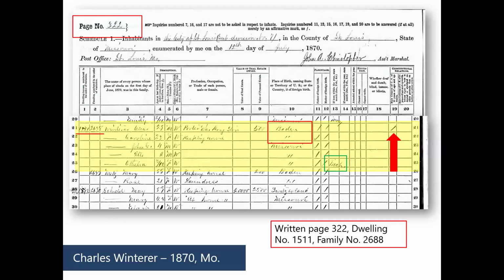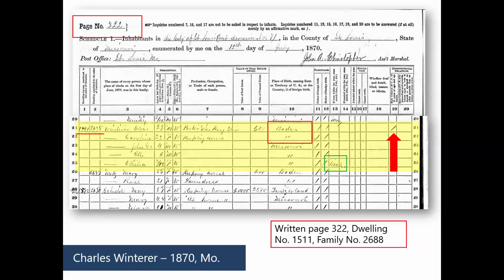Here we see an 1870 census. We're going back to Carl Winter, aka Charles Winterer, in 1870 Missouri. Within this item, we see that he's the head of the household. He and his wife, Caroline, say they were born in Baden. That's column 10. And then at the far right, in column 19, second from the right, you see a little slash mark on Charles's line.